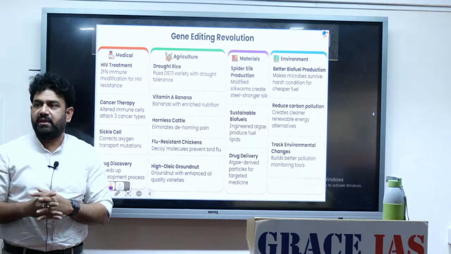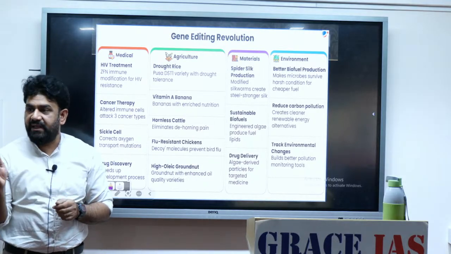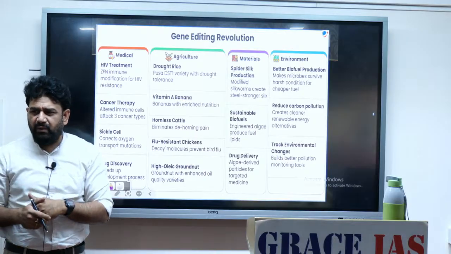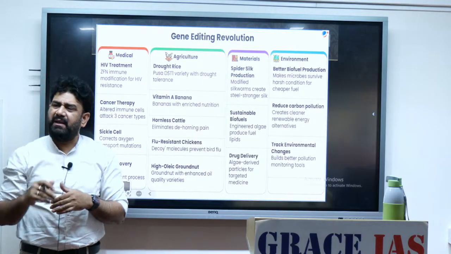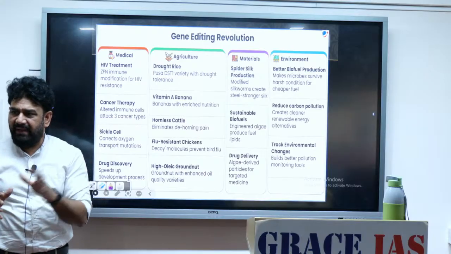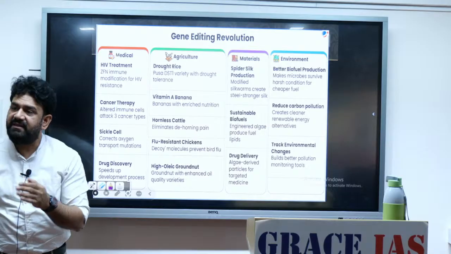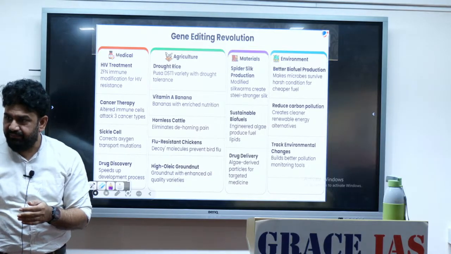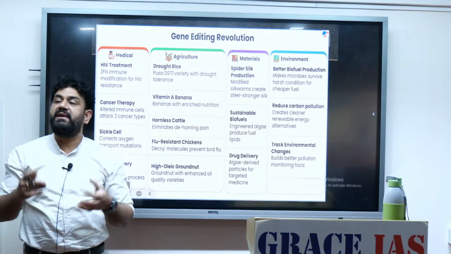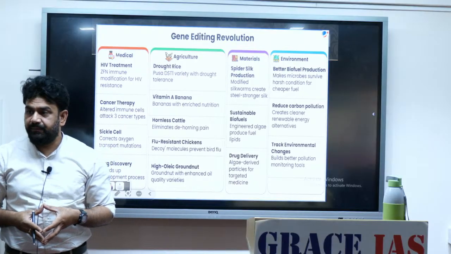If there is a question on gene editing and its applications, now you have some fair idea about what gene editing is. See, you do not have to become an expert to answer some questions in the UPSC. You are supposed to be a generalist, not a specialist, yes or no. So you do not have to go into the microscopic details of gene editing.